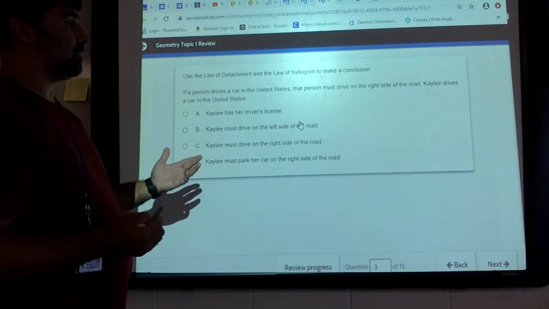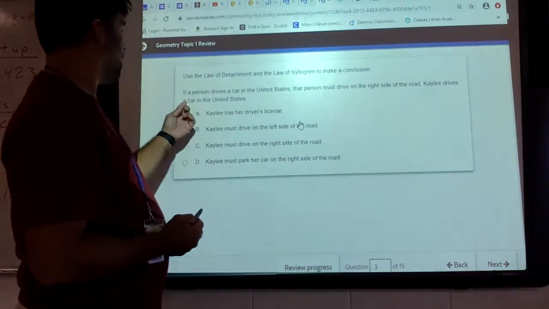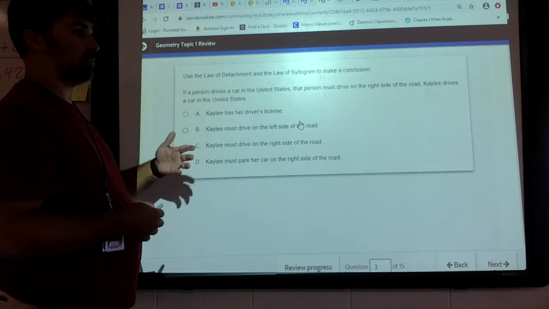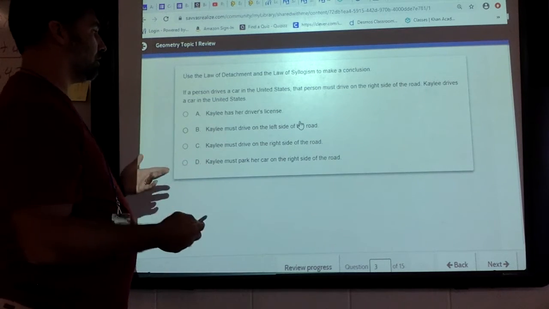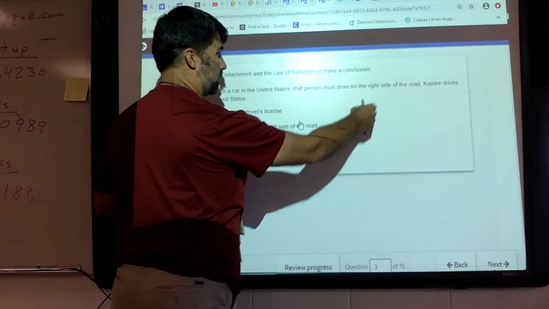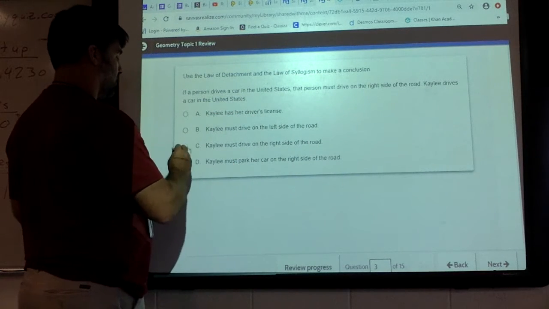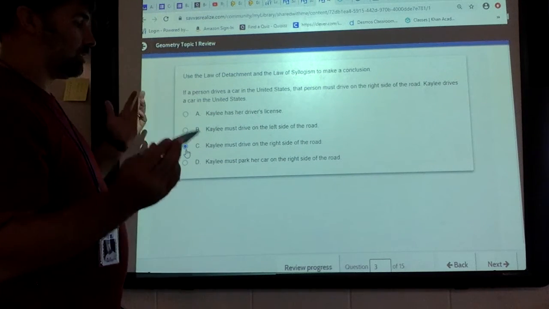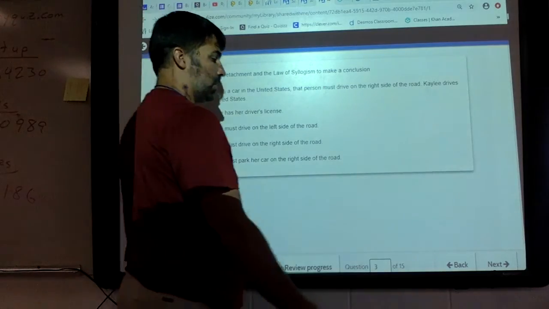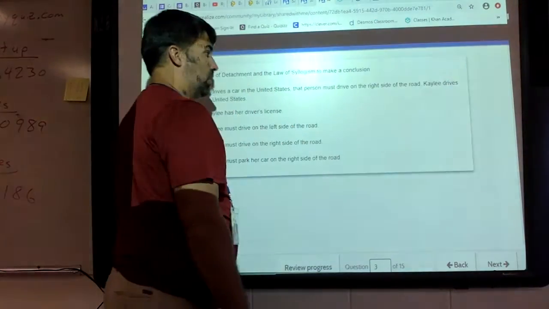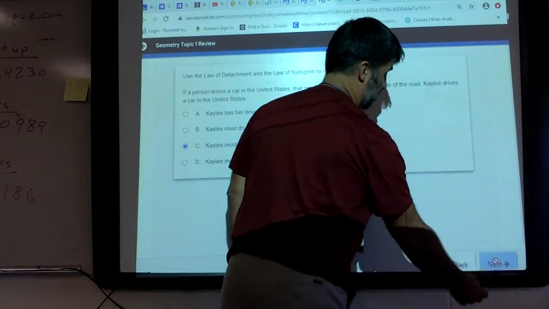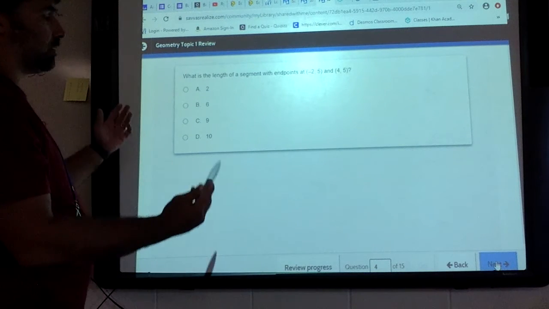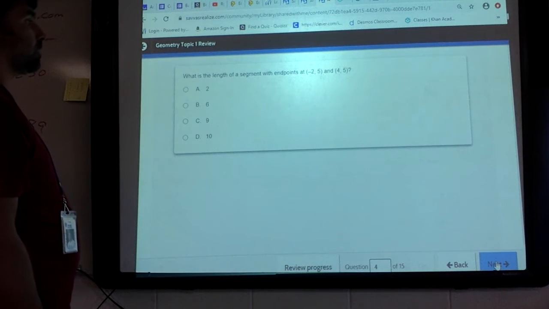So if Kaylee drives a car in the United States, then what is the reasoning? Well, the reasoning is she must drive on the right side of the road. So I don't think we need a lesson on that to just understand that that's what that means. But if you look on your study guide, and I'll give it to you, that's what it's talking about.